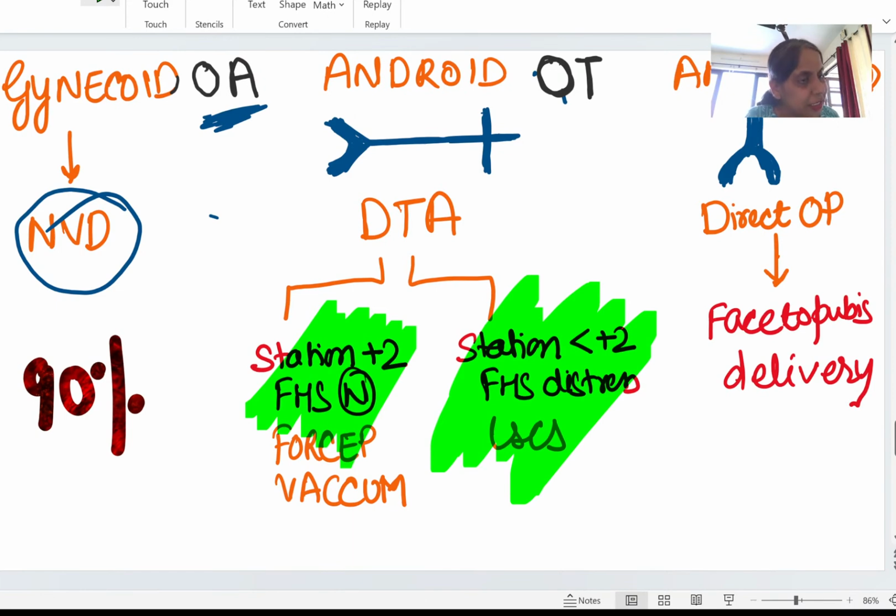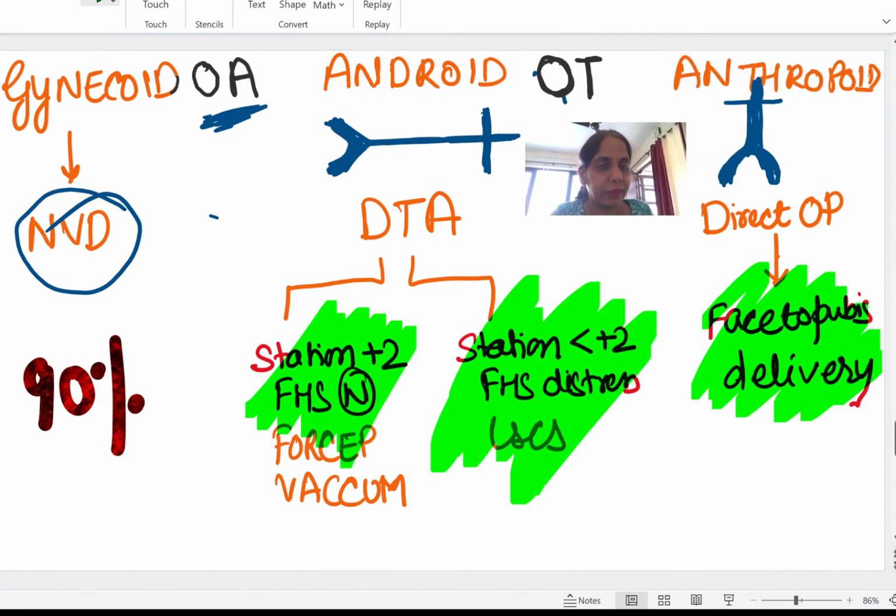If the station is less than +2, we will go for cesarean. Okay? And in the direct occipito-posterior, there is face to pubis delivery. Is it clear?